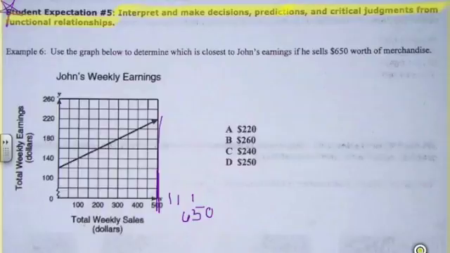A function. No, the pattern you're talking about, the slope. Thank you, Stephanie. Yeah, it's the slope. All right. Corey is very correct. We're going to use the slope to try to figure out what it would be at 650.